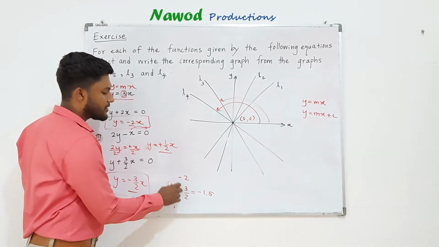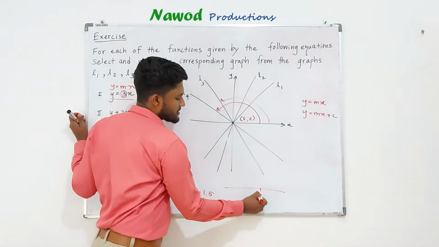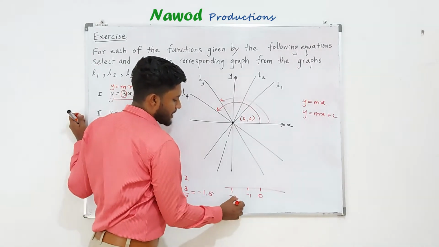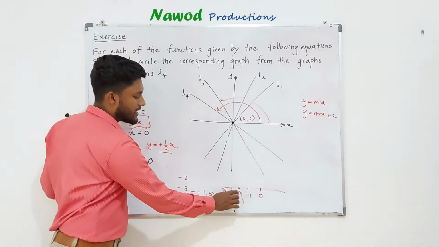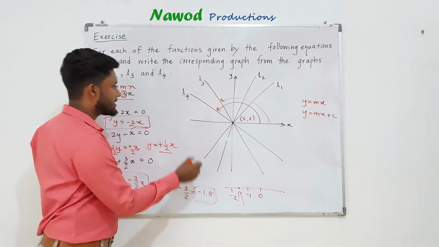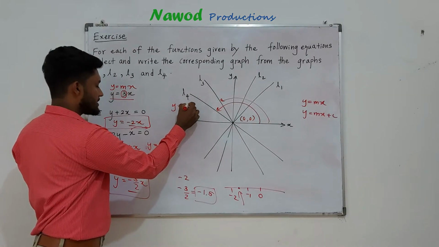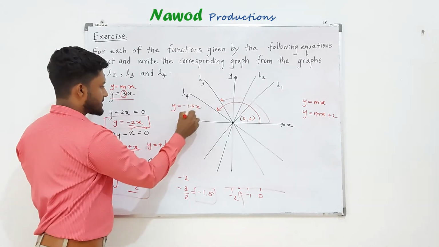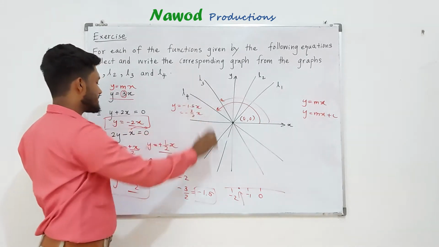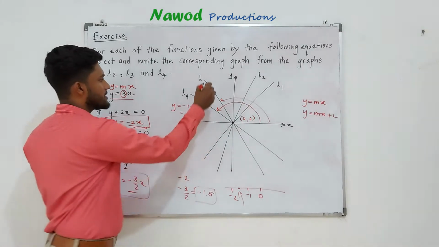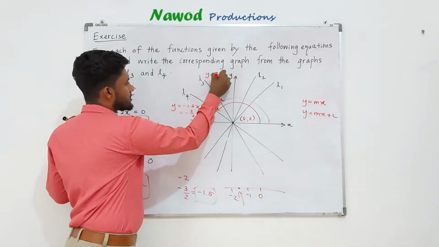Minus 1.5 or minus 2? Yes, when reminding the number line, 0, minus 1, minus 2, you will meet minus 1.5 here. Then it is higher. You can say that this is L4, y equal minus 1.5x or else minus 3 over 2x. Then here when considering L3, yes, it is y equal minus 2x.